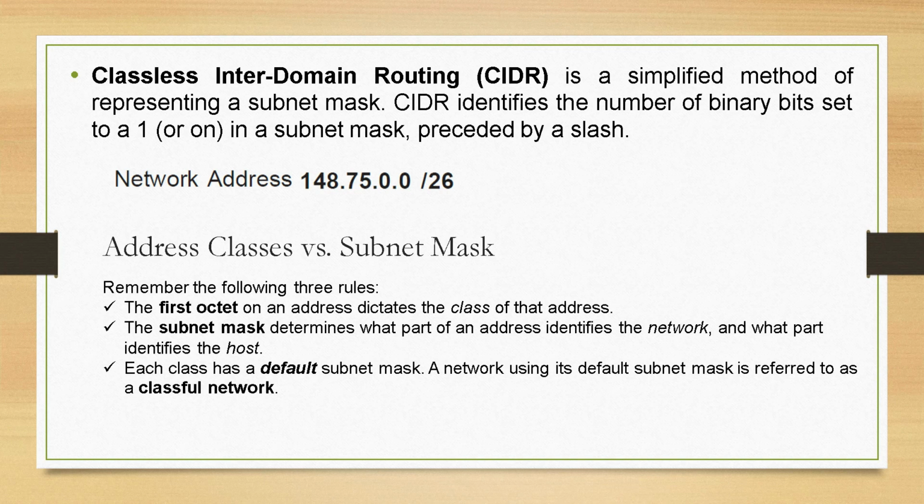Then, the subnet mask determines what part of an address identifies the network and what part identifies the host. And each class has a default subnet mask. A network using its default subnet mask is referred to as a classful network.